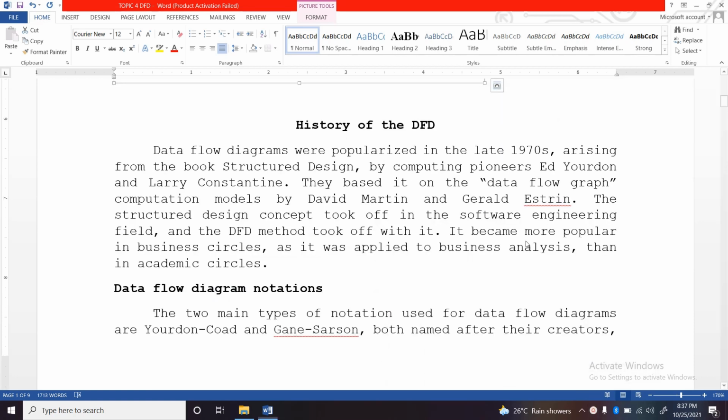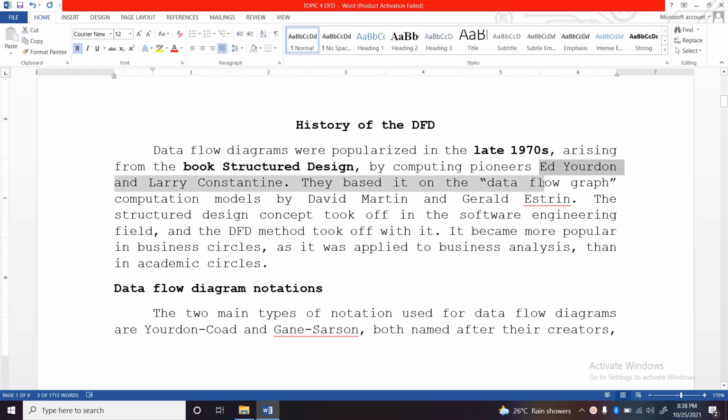Okay, moving on. We also have the history of the DFD, but this is only a brief history of the data flow diagram. The data flow diagram was popularized in the late 1970s, arising from the book Structured Design by computing pioneers Ed Jordan and Larry Constantine.